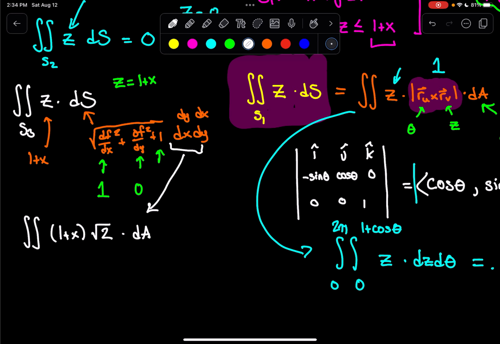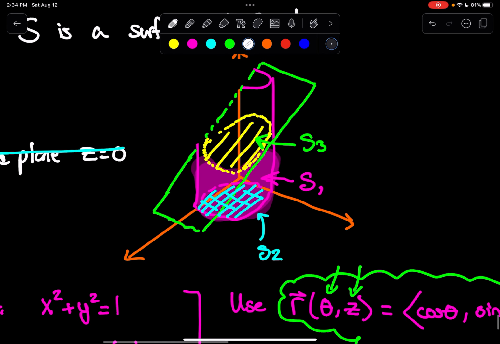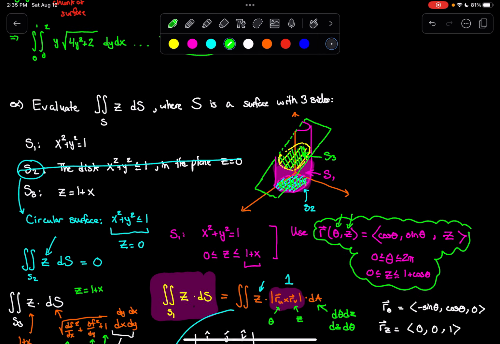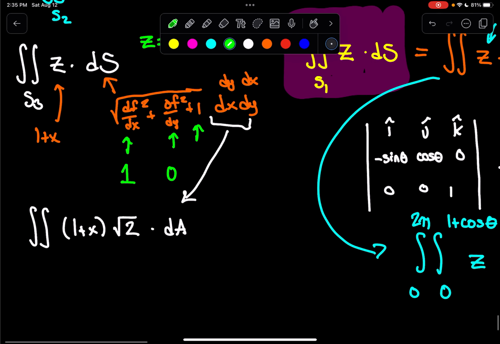Now, the only problem is, what are our bounds? If we go back to our shape, we notice that the bounds of the green part of this plane, the x and y bounds, lie perfectly over this circle on the bottom, so our x and y bounds are circular in nature. And so again, polar coordinates are probably going to come into effect here, and that is indeed exactly what we're going to use.